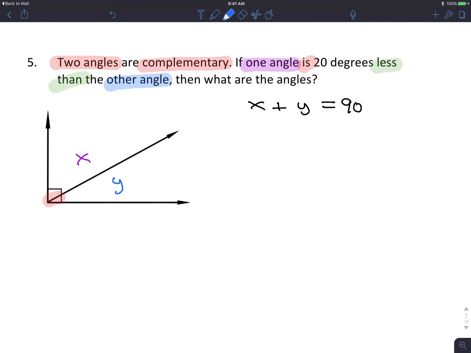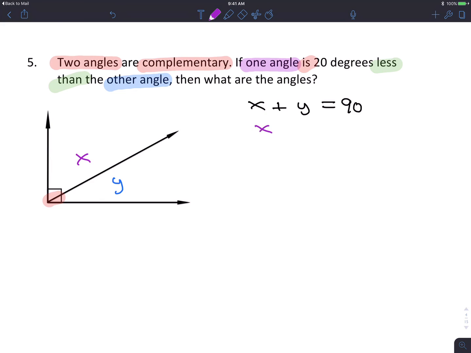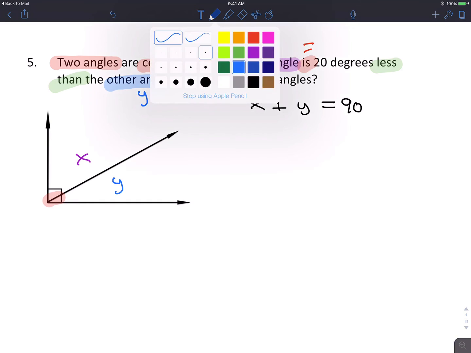So notice, the second equation here is the following. Let's put it over here. x is 20 degrees less than the other, which is y. Let's write this down.